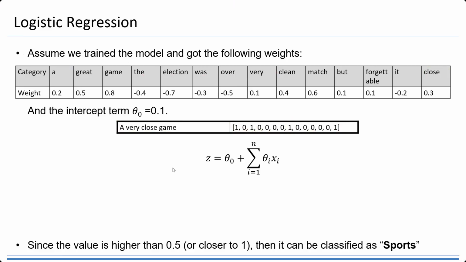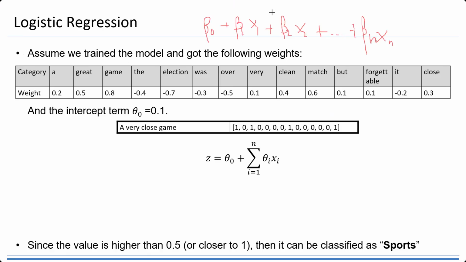So we can calculate what we usually call Z. As I mentioned to you before, it is beta 0 plus beta 1 x1 plus beta 2 x2 and so on until beta n xn.